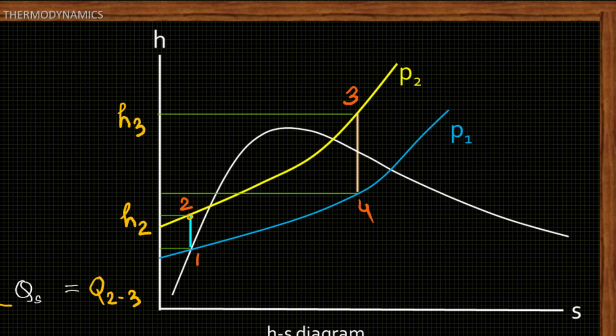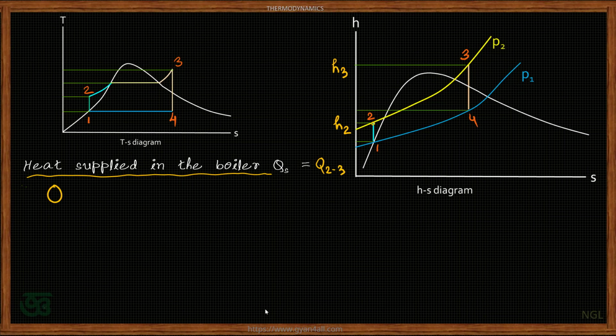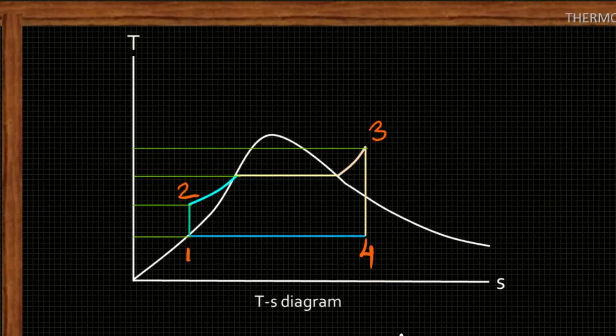That means H3 is the enthalpy of the superheated steam and H2 is the enthalpy of the water entering the boiler. So QS is equal to H3 minus H2. We can get the values of H3 and H2 directly from the Mollier chart. Otherwise we can calculate the value of H3 from the steam table.